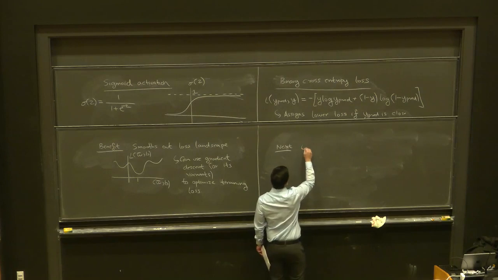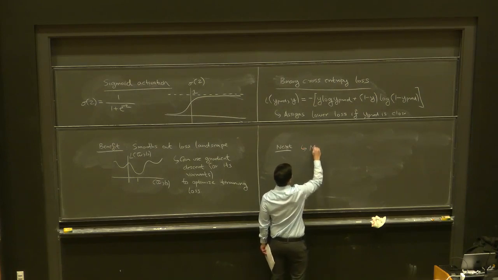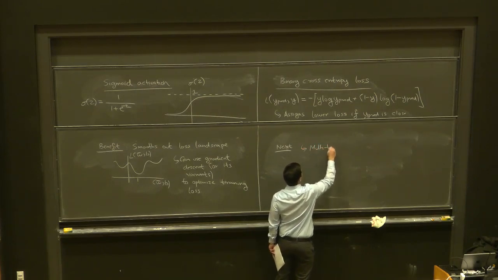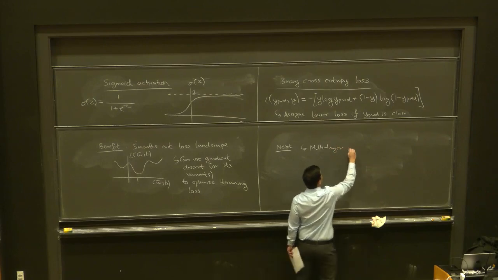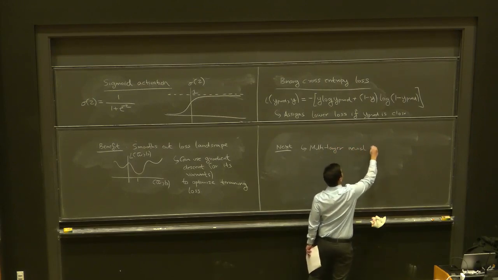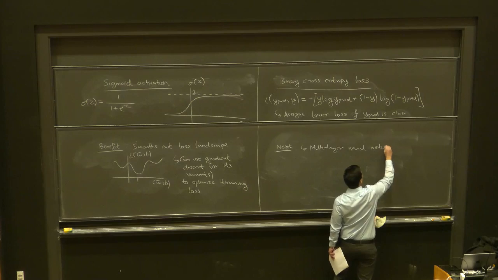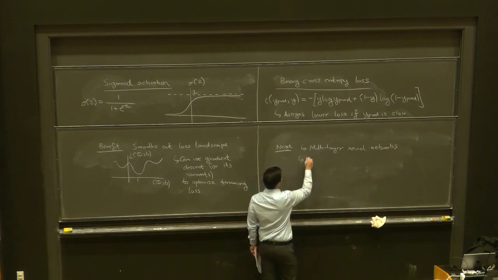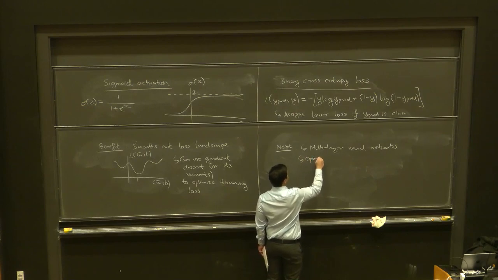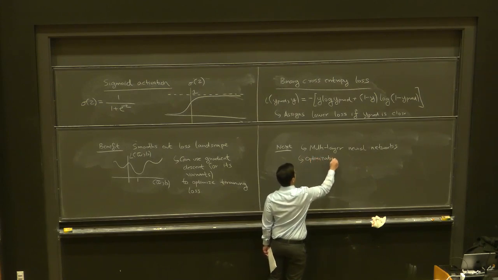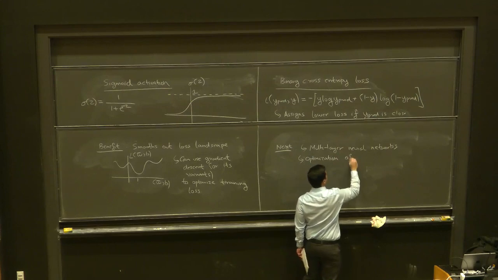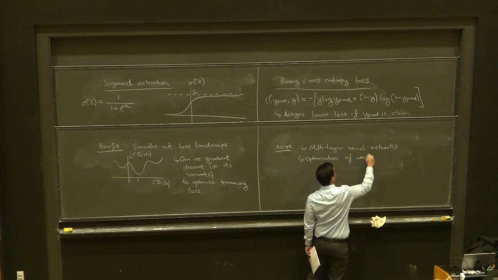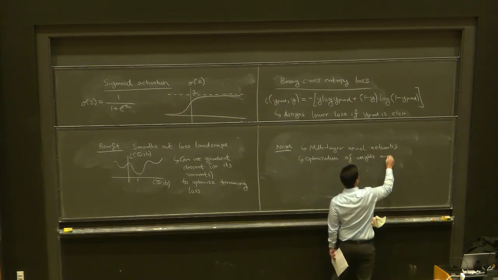One is talk about multi-layer networks, and then talk about optimization of the weights and biases.